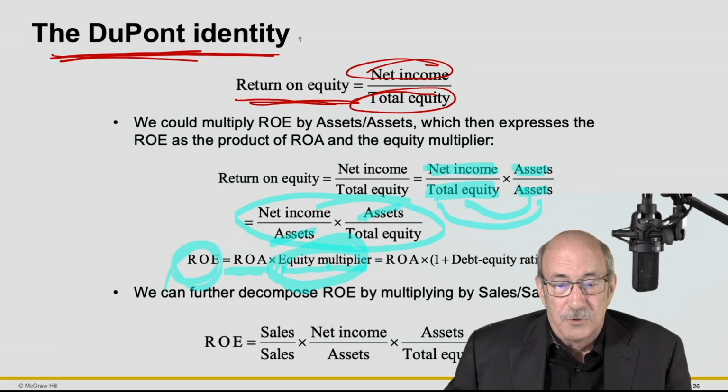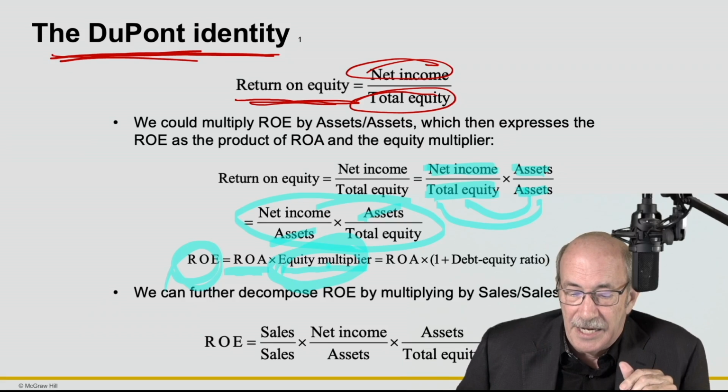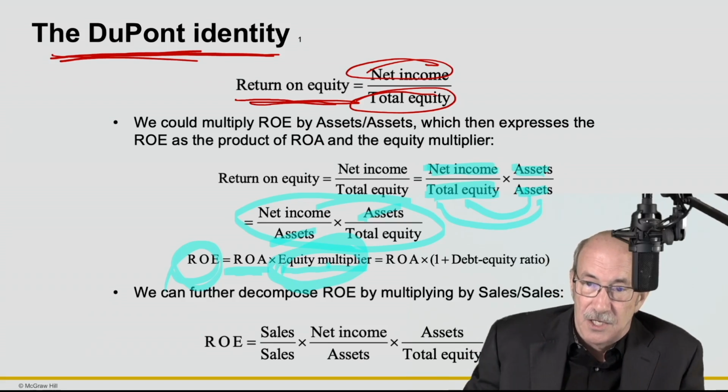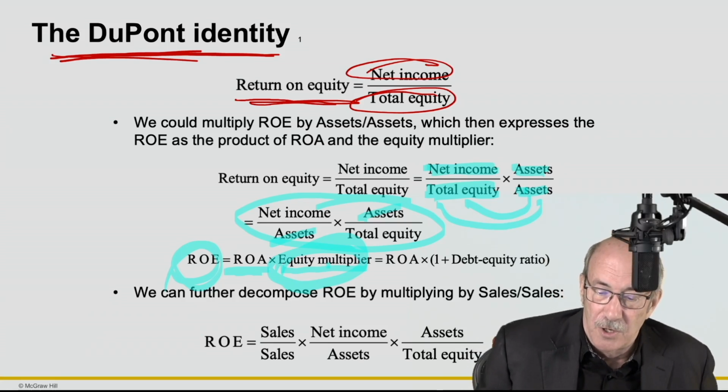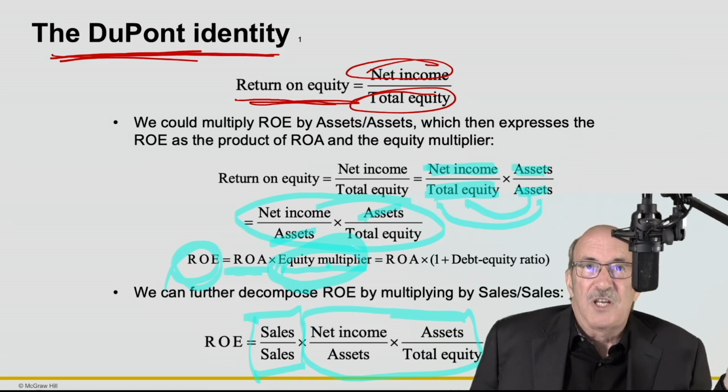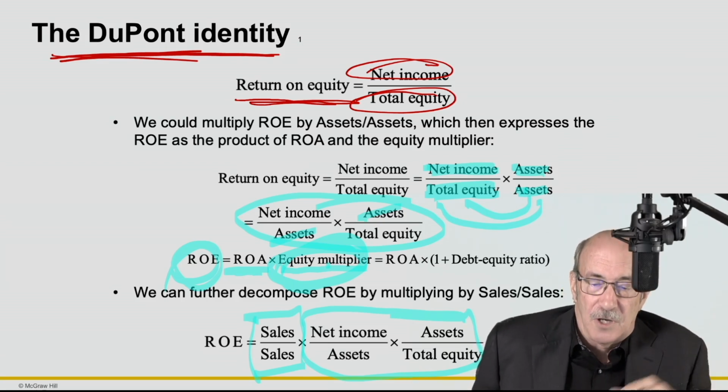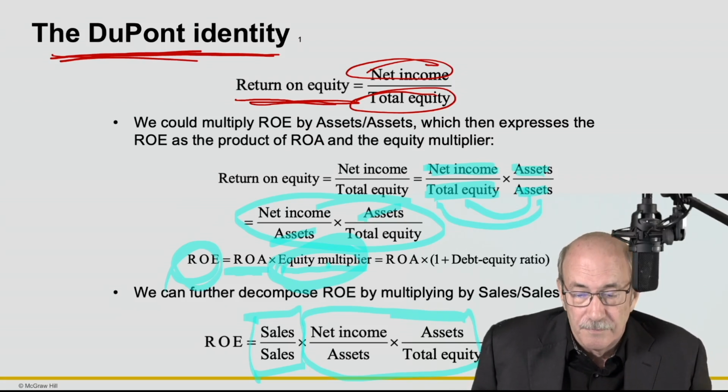Either or will do it. Now, there's yet one other ratio we're going to add in here, and that is we're going to come down here and we're going to multiply these two ratios here by sales over sales. And again, whatever sales over sales is always equal to 1, so we haven't changed the formula at all.